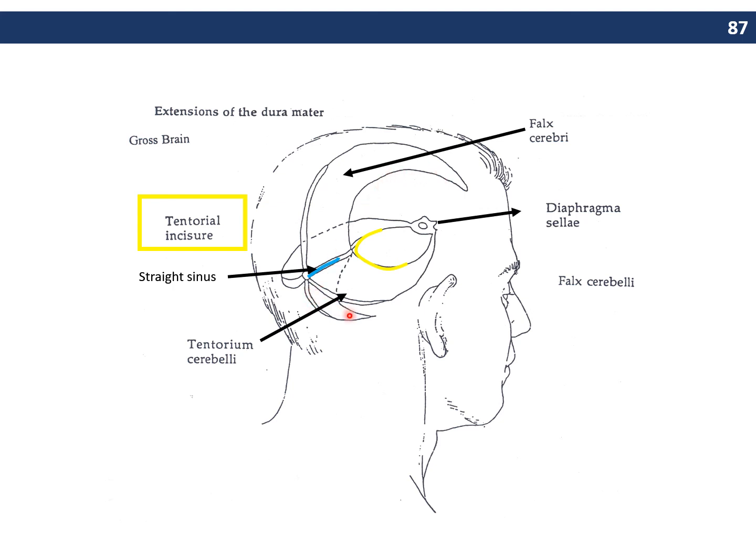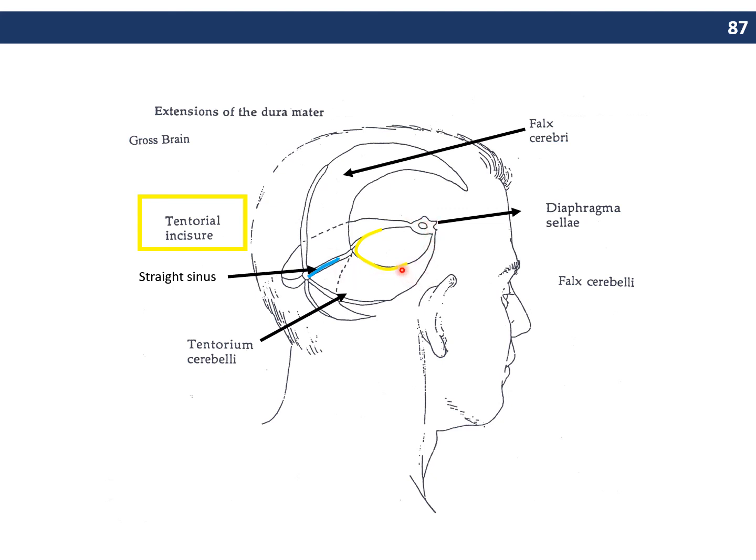The falx cerebelli is here, also dividing the cerebellum into hemispheres, and then the tentorium cerebelli forms a tent, a dural reflection over the superior surface of the cerebellum.